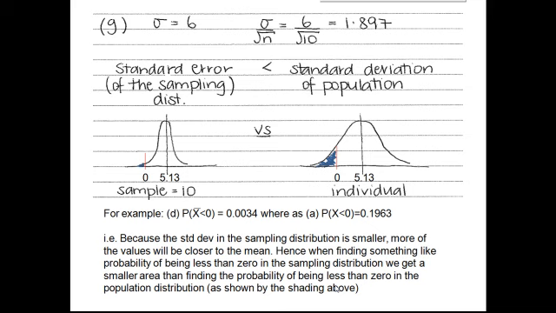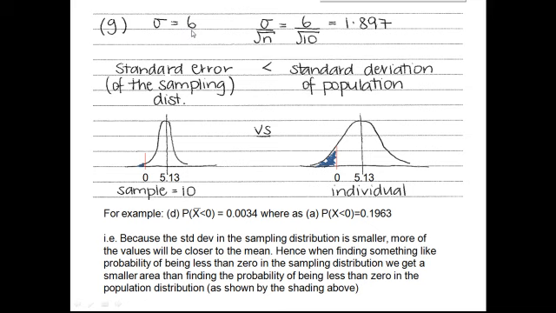Now, why is that? Well, it's all based on thinking about the fact that when you have the population standard deviation, which in this case is 6, the sampling distribution standard deviation is always going to be less. It's going to be a smaller standard deviation.